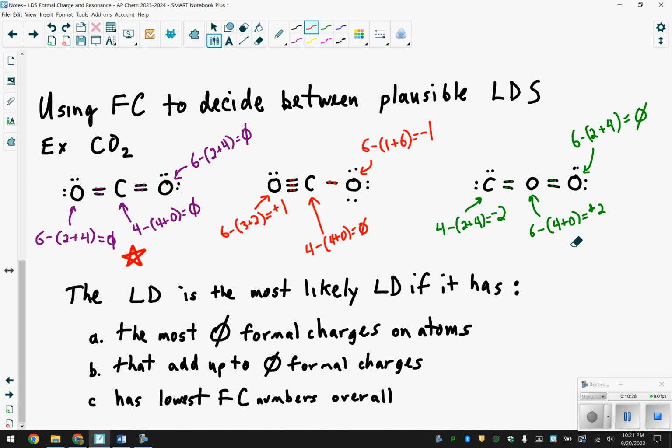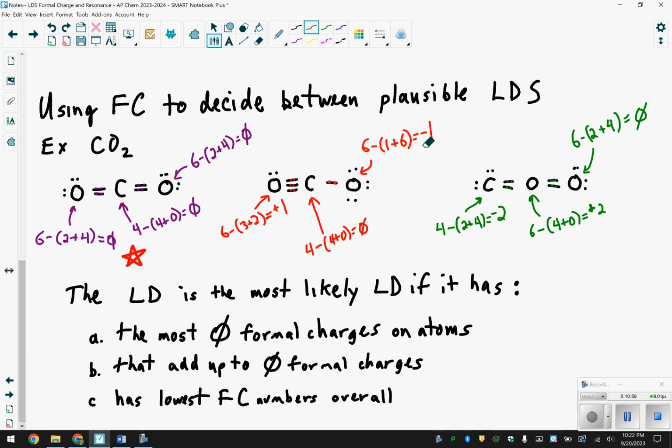Well, sometimes though, the only structure might have a formal charge of, let's say, +1 or -1 overall. Or they have, like the center one, a +1, a 0, and a -1, and they add up to 0. If you don't have all 0 formal charges like the first one, the next best thing is to have your formal charges add up to 0.